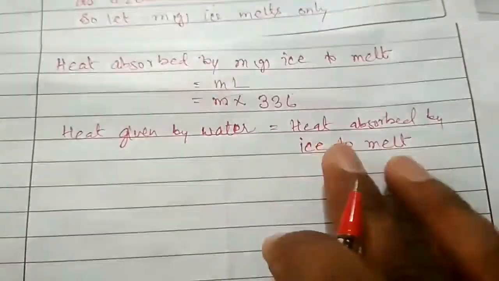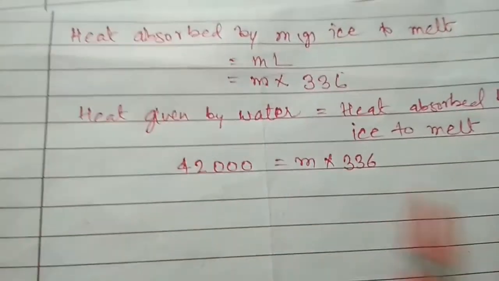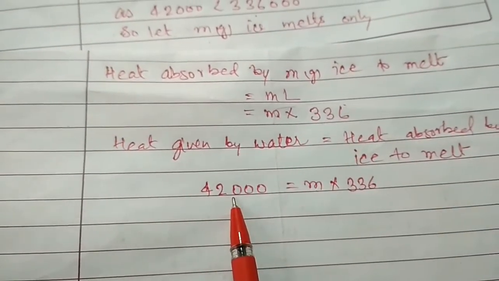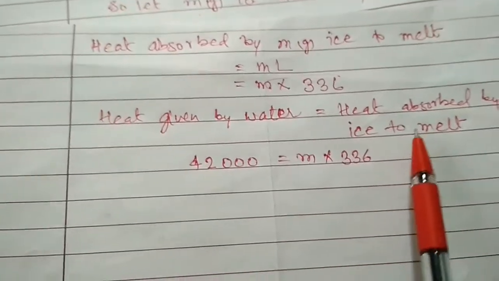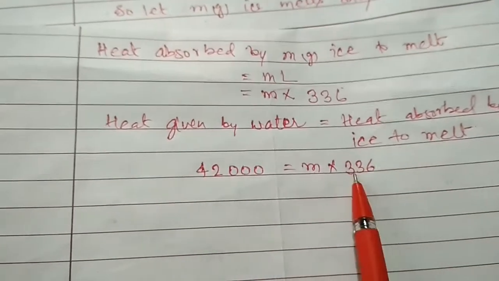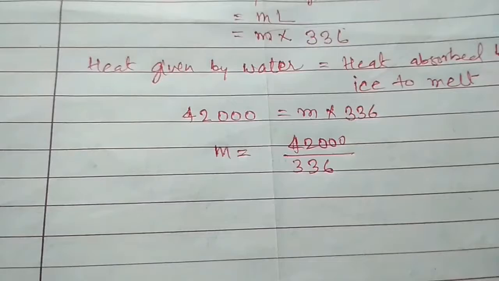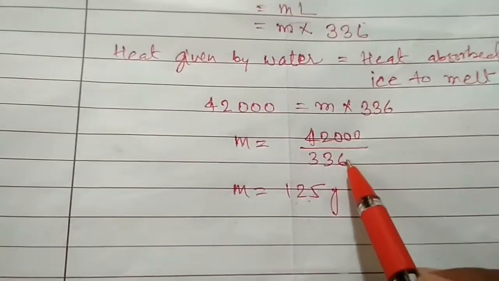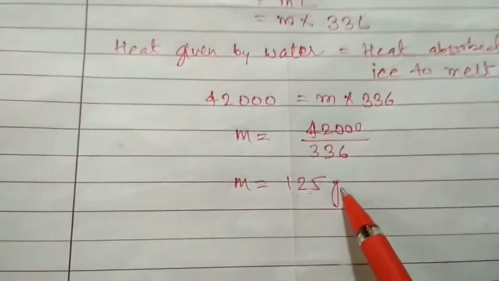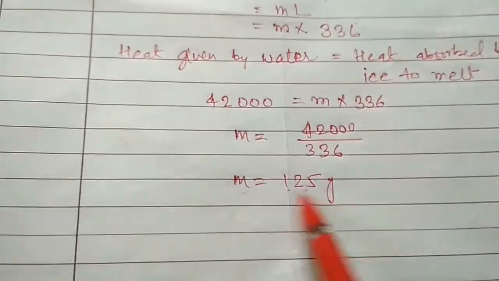Heat given by water to come from 100 to 0 degrees Celsius was 42,000 joule, and heat absorbed by ice to melt m gram is m into 336. So m is equal to 125 gram, because this was in joule per gram, joule cancelled, only gram is there. So this amount of ice melts.